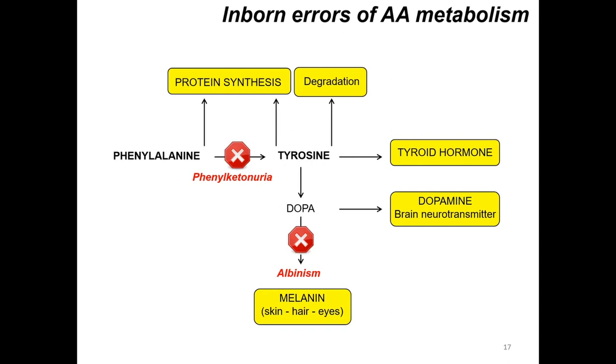So phenylalanine is transformed into tyrosine, and then tyrosine is liberated. But if we don't have the enzyme which is catalyzing the transformation of phenylalanine to tyrosine, we then accumulate phenylalanine and we cannot eliminate it, and that's the problem.